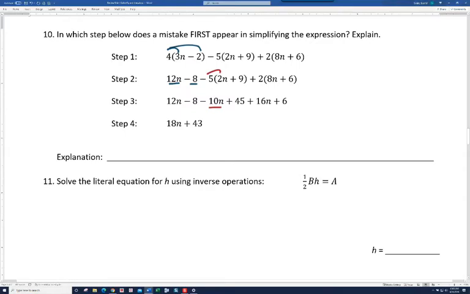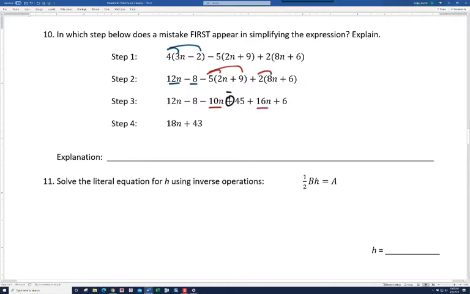And then to go from step 2 to step 3, now they're distributing again. Negative 5 times 2 is negative 10n, and negative 5 times 9, well, that's negative 45. And so notice they have the sign wrong here. It should be minus 45.